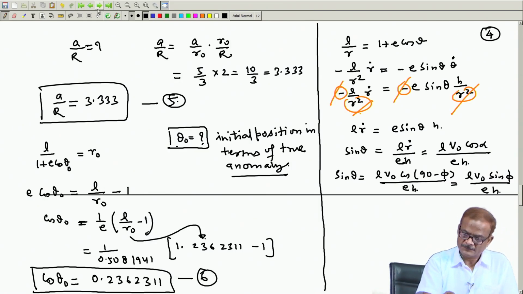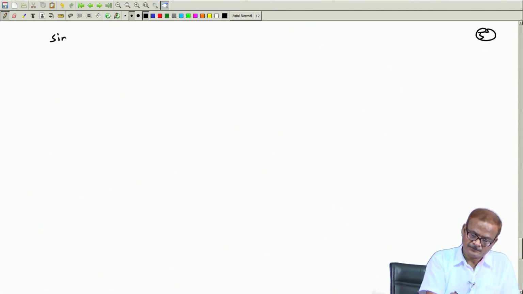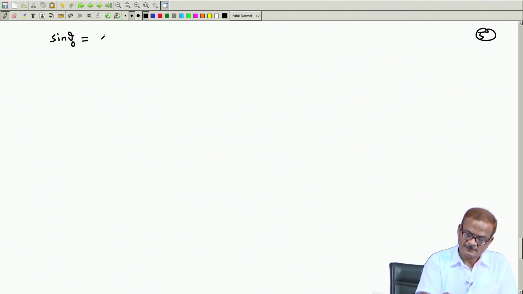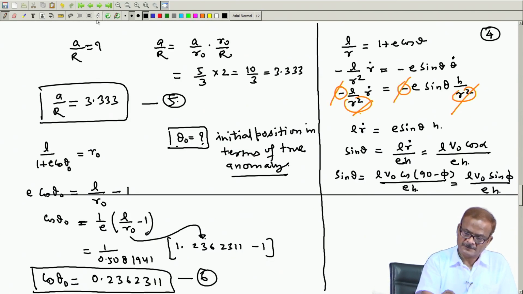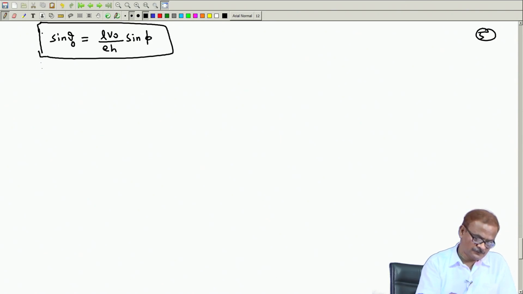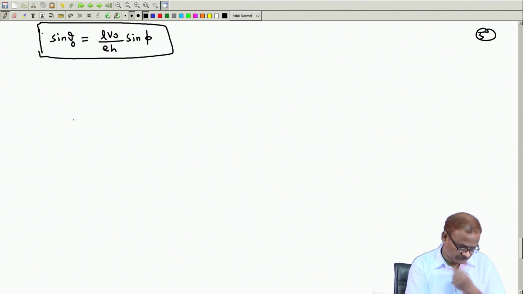So, we have sin theta equal to, here we will write sin theta 0, because we are looking for the initial value, L V0 divided by e h, times sin phi. We need to insert the values to get the solution.